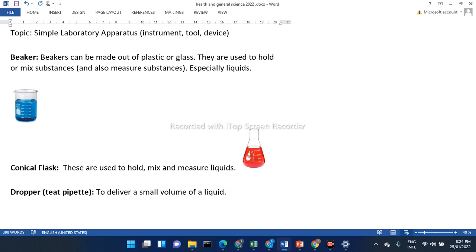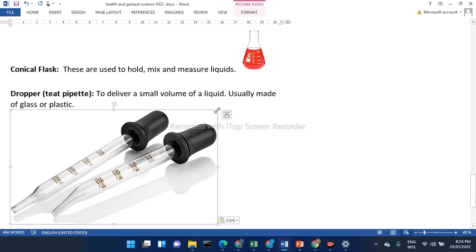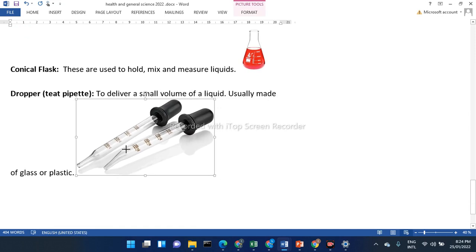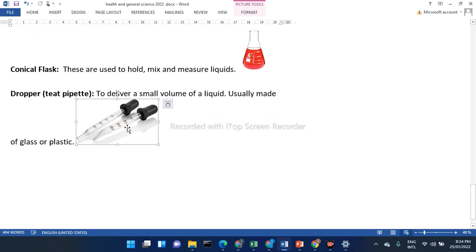Usually made of glass or plastic as well. And it's not only to deliver it, but also to measure too. That's also important. This is also a measuring instrument. We use this to measure these things.